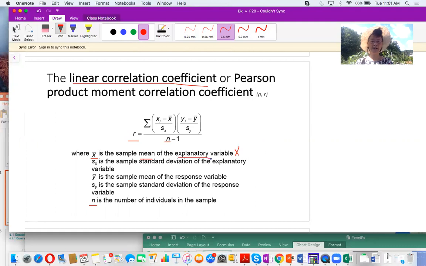Explanatory variable is X. And the Y bar represents the mean of response variable. Response variable is a vertical line Y, the mean of Y. Sx is the standard deviation for X. Sy, standard deviation for Y.